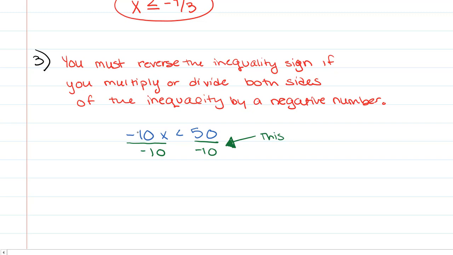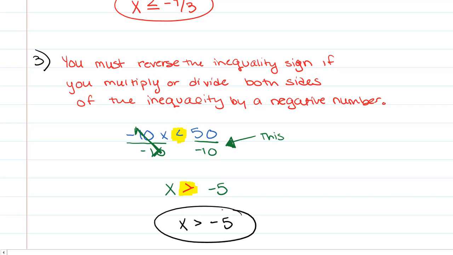When I do that, negative 10 divided by negative 10 is 1. 50 divided by negative 10 is negative 5. And then I have to change this less than sign to a greater than sign. So my final answer is x is greater than negative 5.